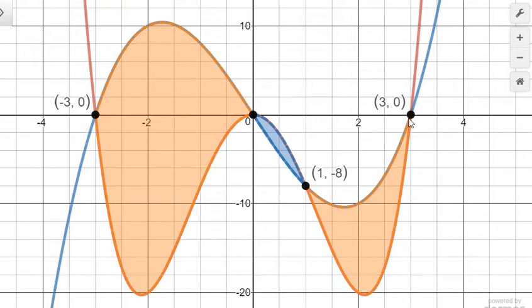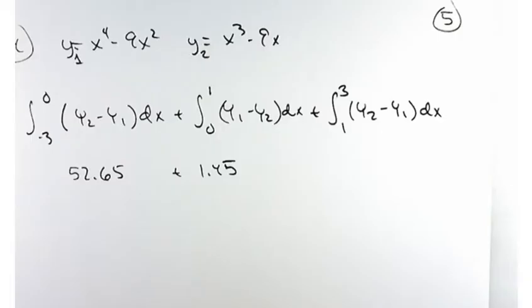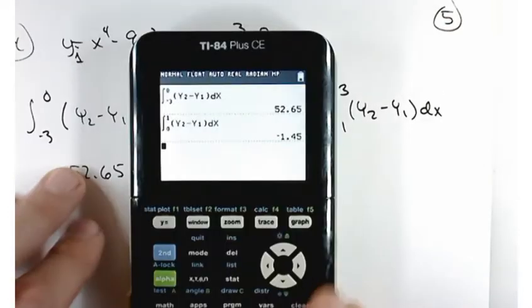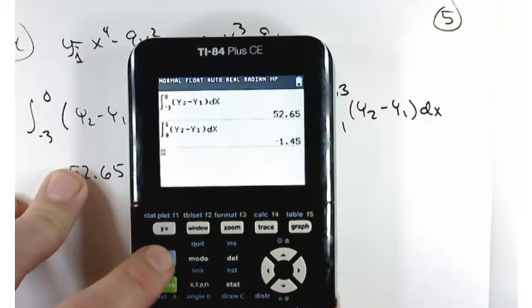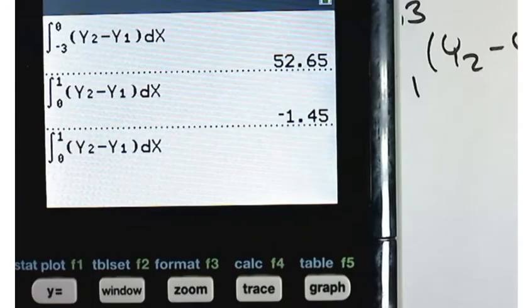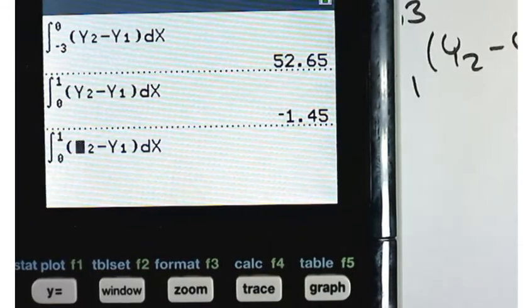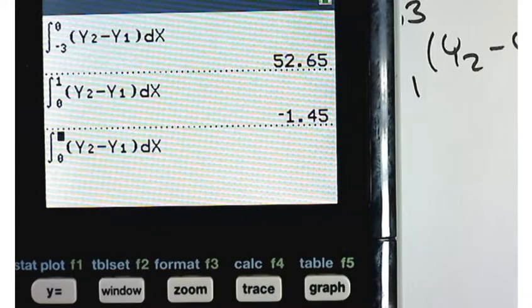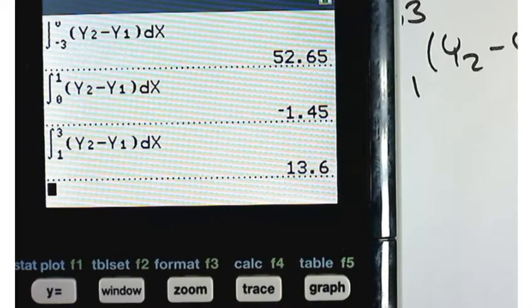So from 1 to 3. And let's do that on our calculator. So again, hit the second key, then the enter key, and then just go back and change your limits. So from 1 to 3. 13.6.